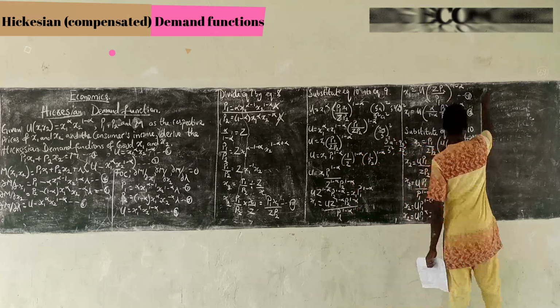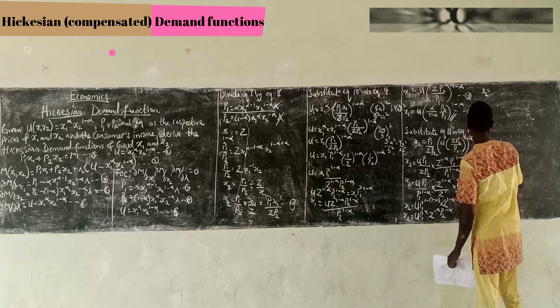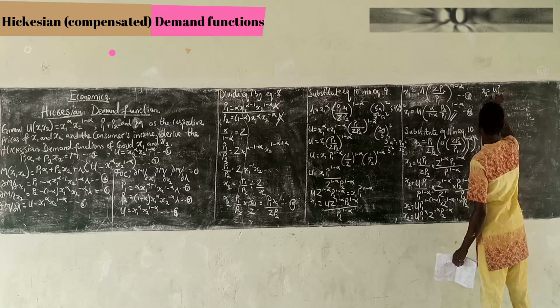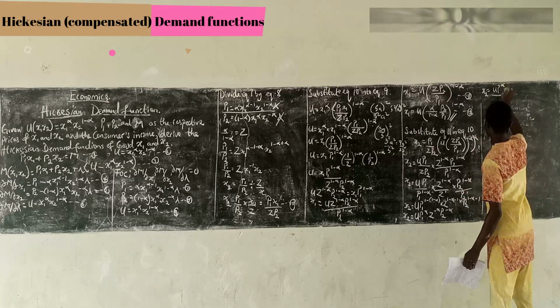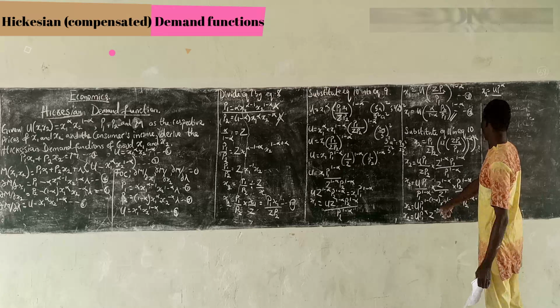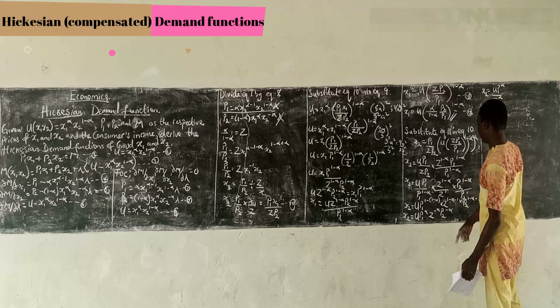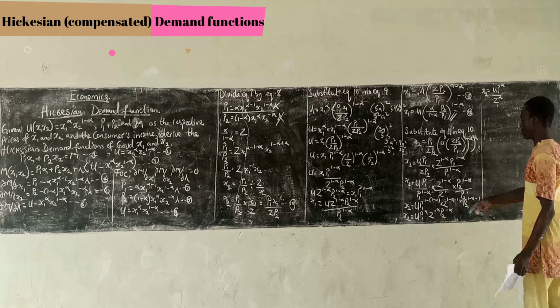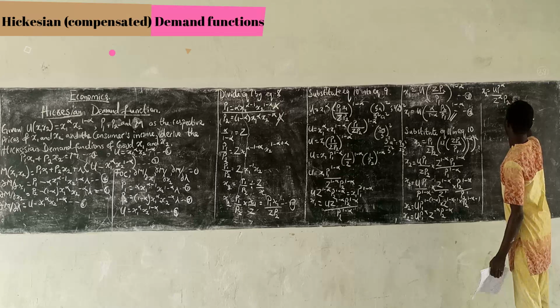So x2 would give us u, p1^alpha, z raised to power minus alpha, which is the same thing as 1 over z^alpha, times 1 over p2^alpha.